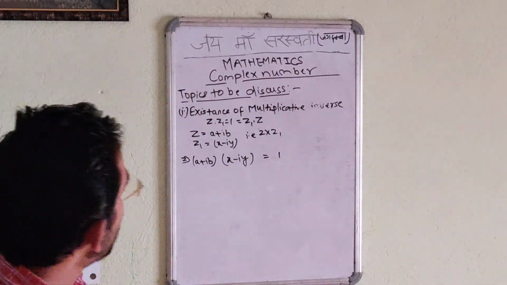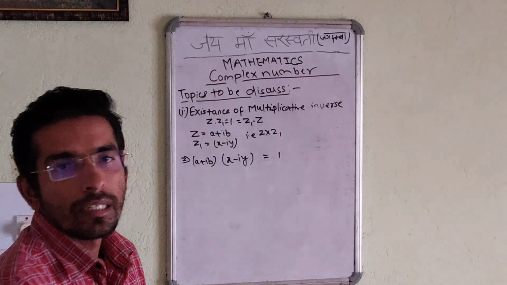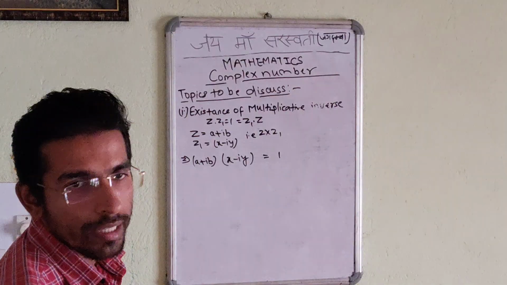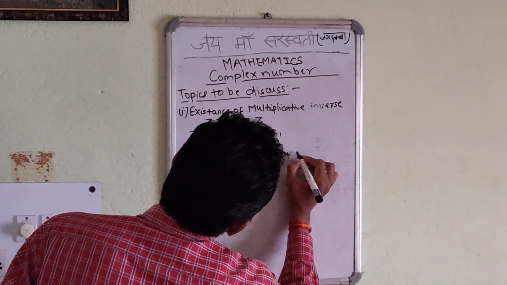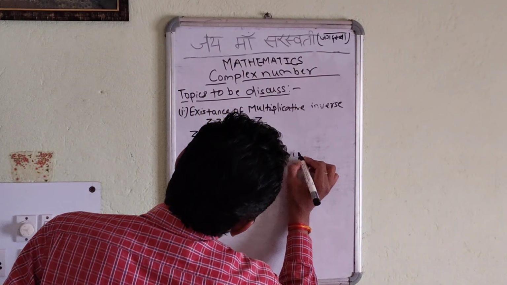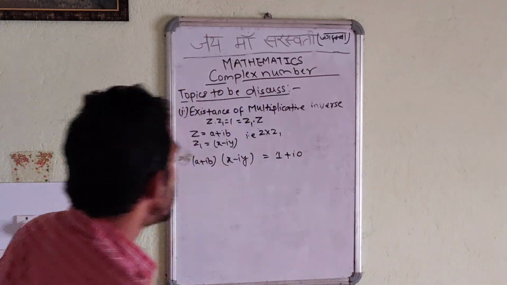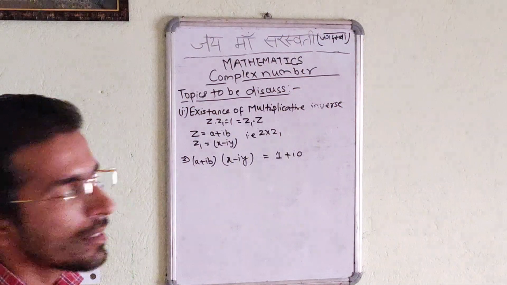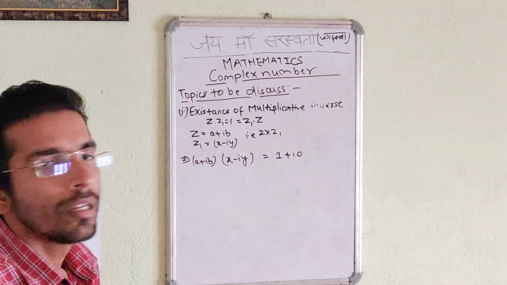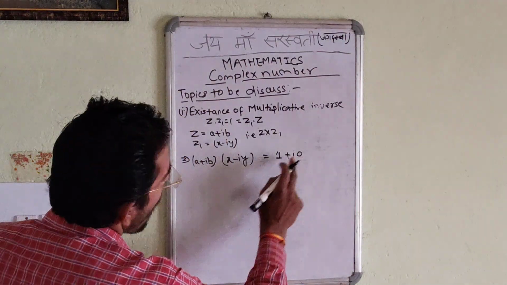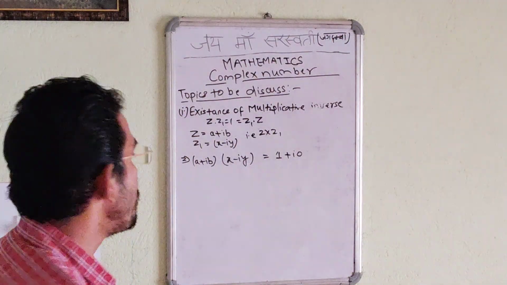Understood? In the right hand side, where I had written 1, we can write the real part as 1 and the imaginary part as 0. So we can write the right hand side as a combination of two numbers, the real part 1 and the imaginary part i into 0.